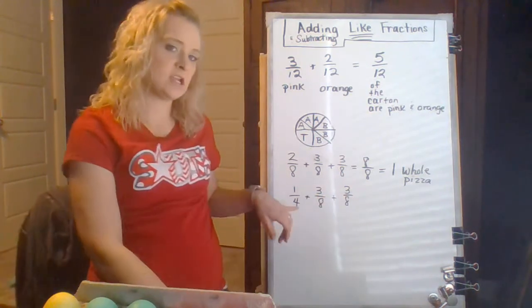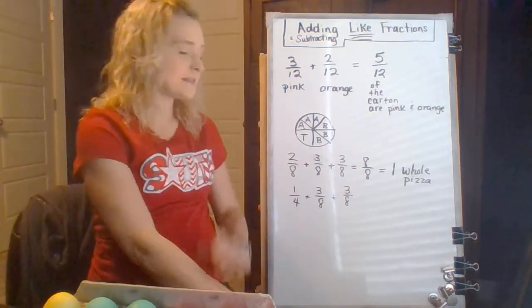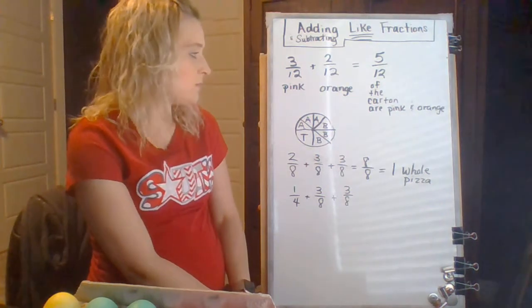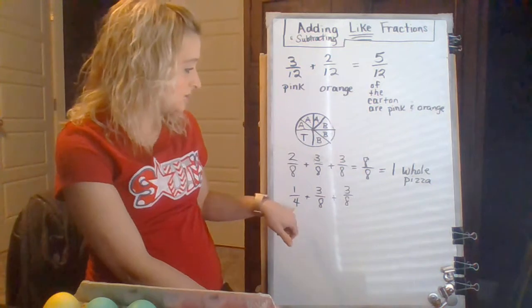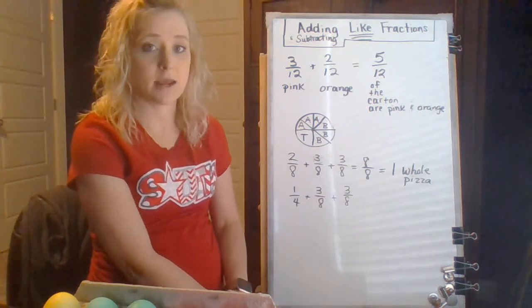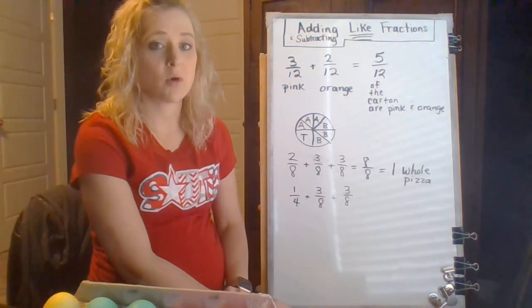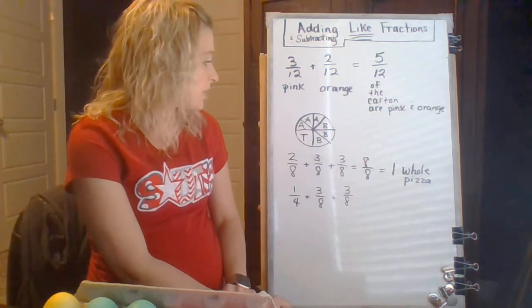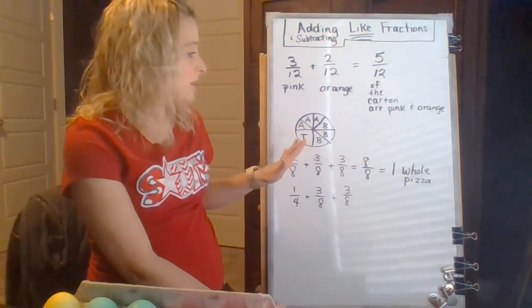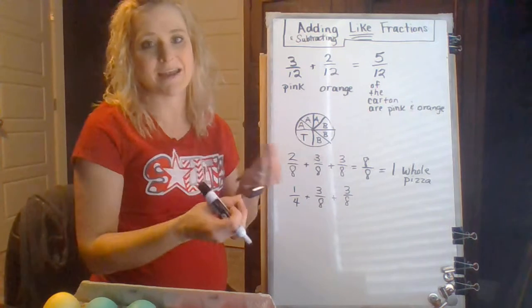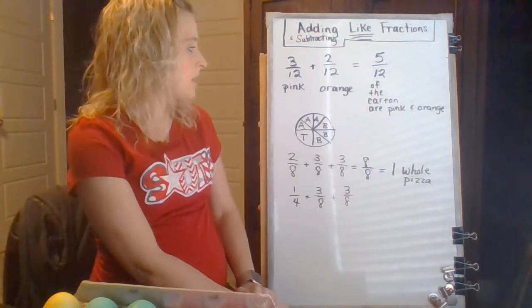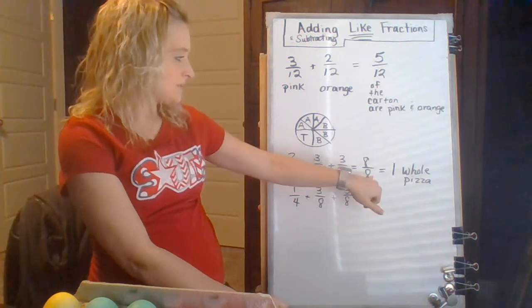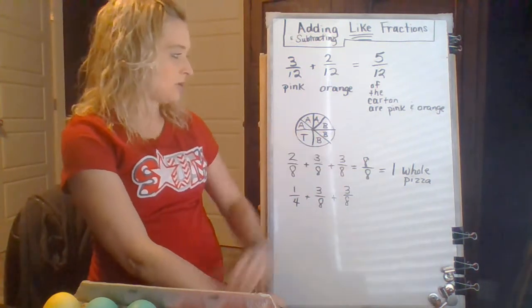How does this change that? That's something to consider as we move later on in 5th grade into adding fractions that do not have the same denominator. So it's really important as a 4th grader to understand that when you're adding like fractions, it's really simple because you're just adding up the total number of those size pieces that you have in all. So the denominator remains the same, and you're just counting up the numerators.